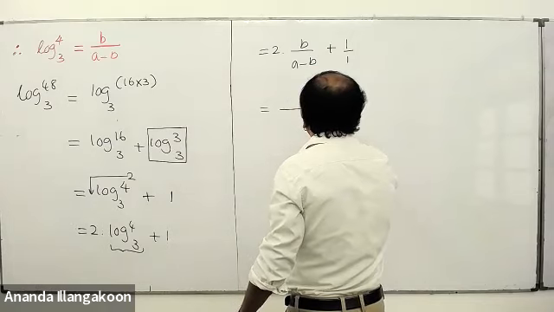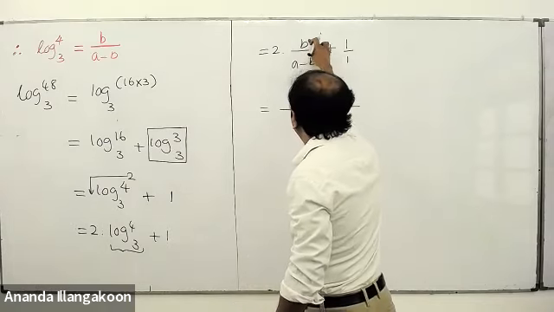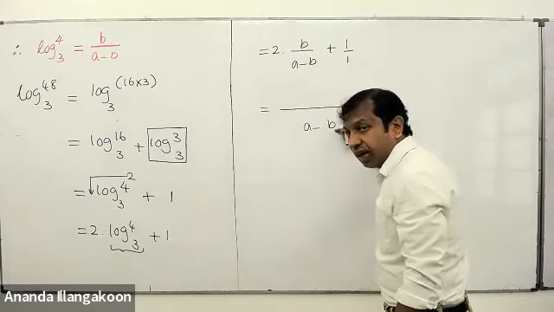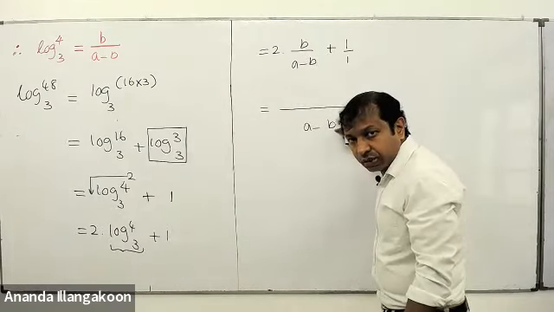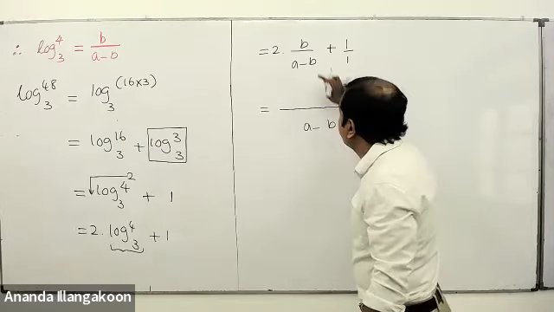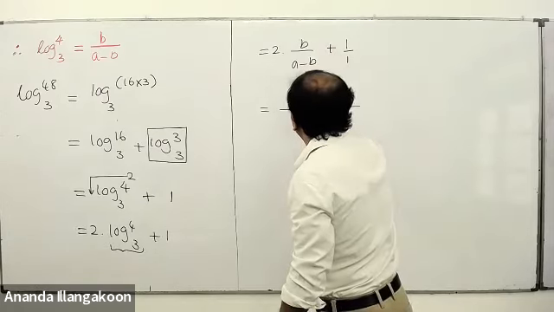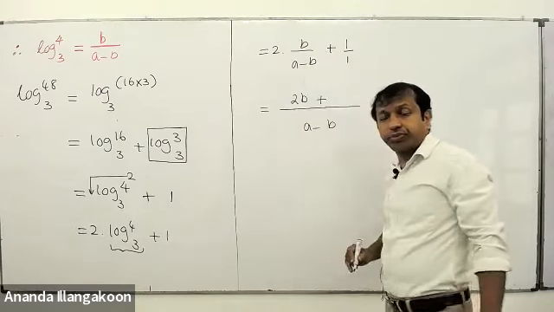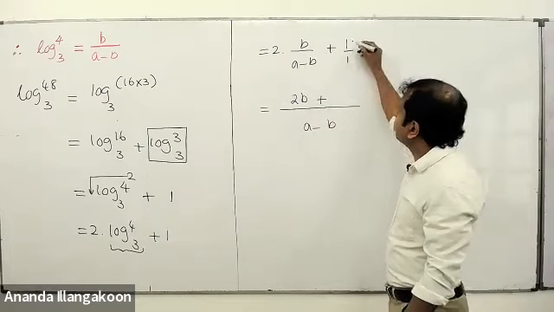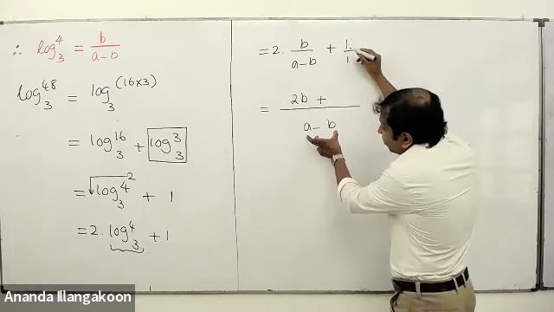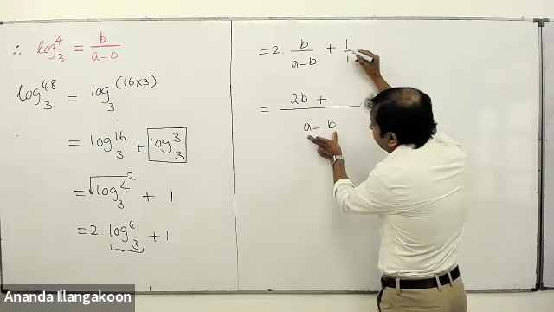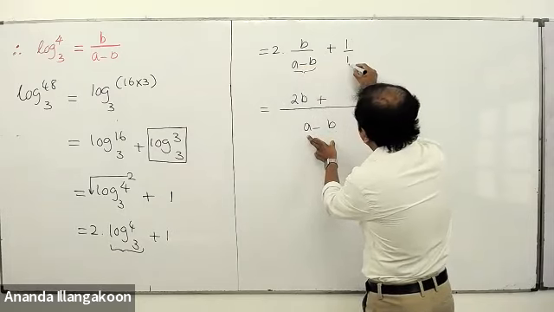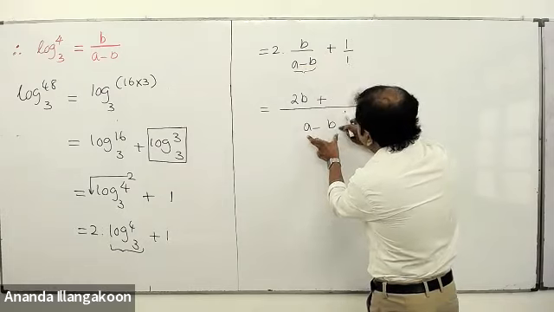Here 2 into this b equals 2b. Its denominator is also a minus b. The same denominator here we have a minus b. And so therefore, this numerator 2b plus, people, what happened to this 1? You can see here, this a minus b, when you multiply by this 1, we get this a minus b.